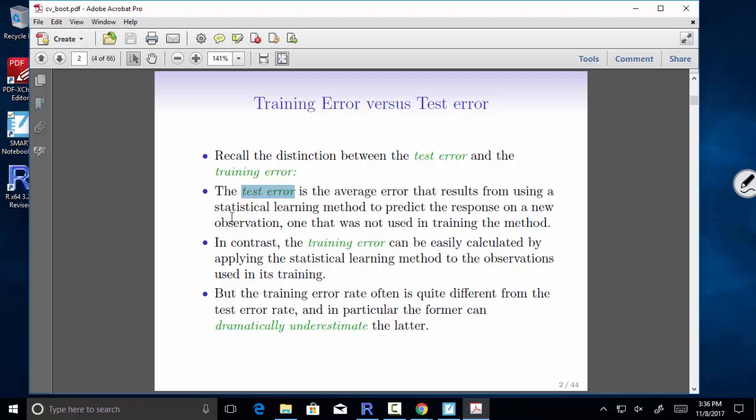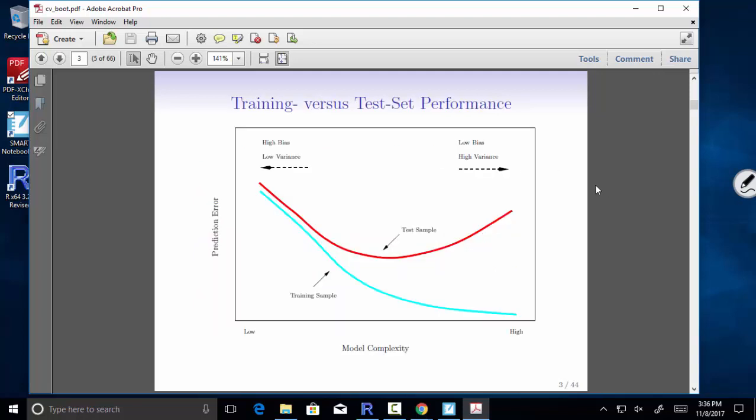Test error is what happens if you apply it to a held-out test set. And we have this type of relationship where horizontal axis is model complexity, vertical axis is error, blue is training sample, red is test sample. As you increase the complexity of your model, you necessarily decrease the error in the training data.